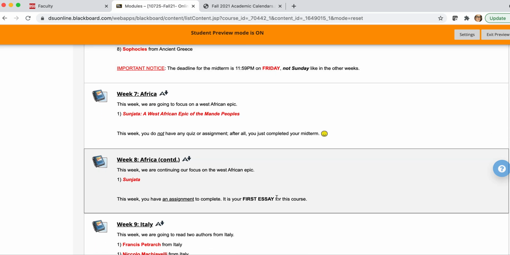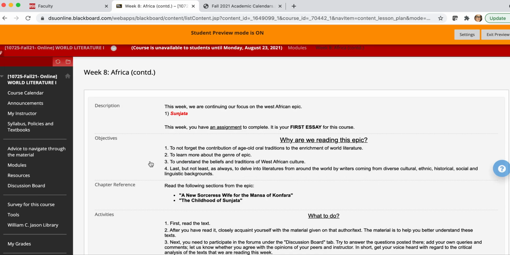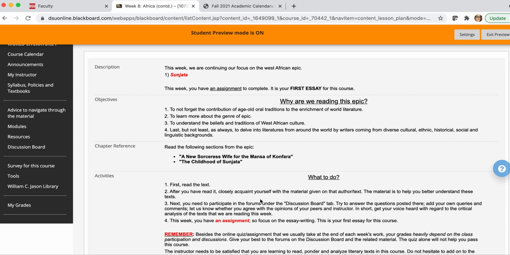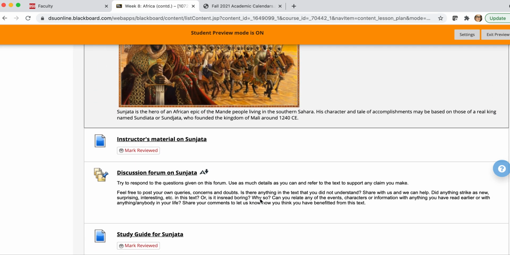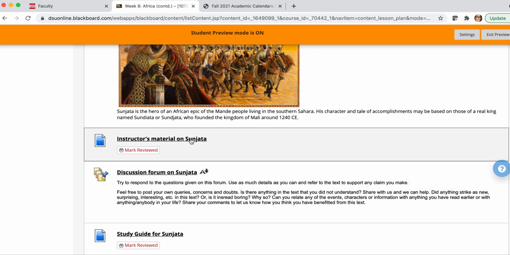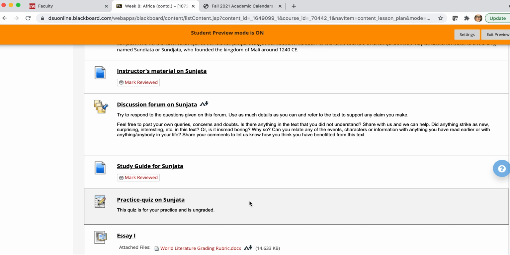Now, when we get to the end of week 8, we have a different assignment at the end. There we have an essay. And so here we'll be reading the Epic of Sunjata, the story from Mali. And these are the chapters we have to read for this week. And then we read the instructor's material, the discussion forum, we prepare the answers to our questions.